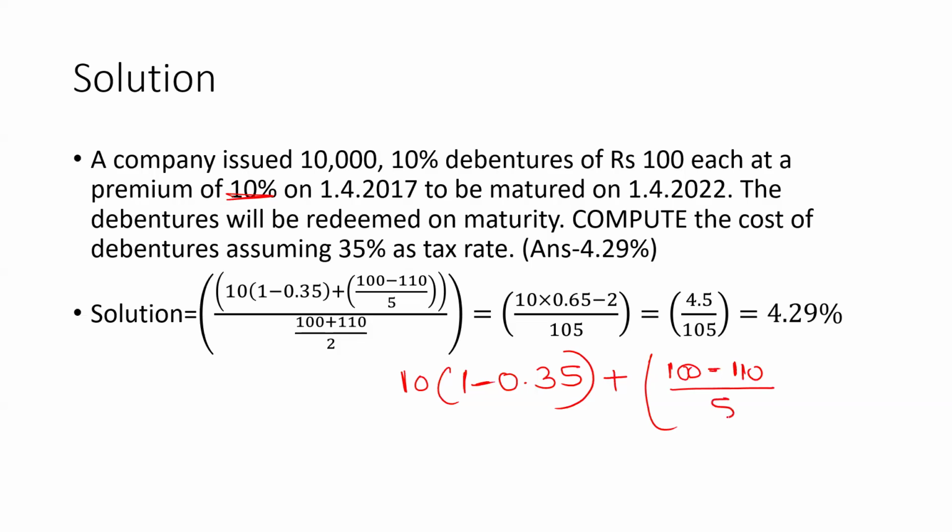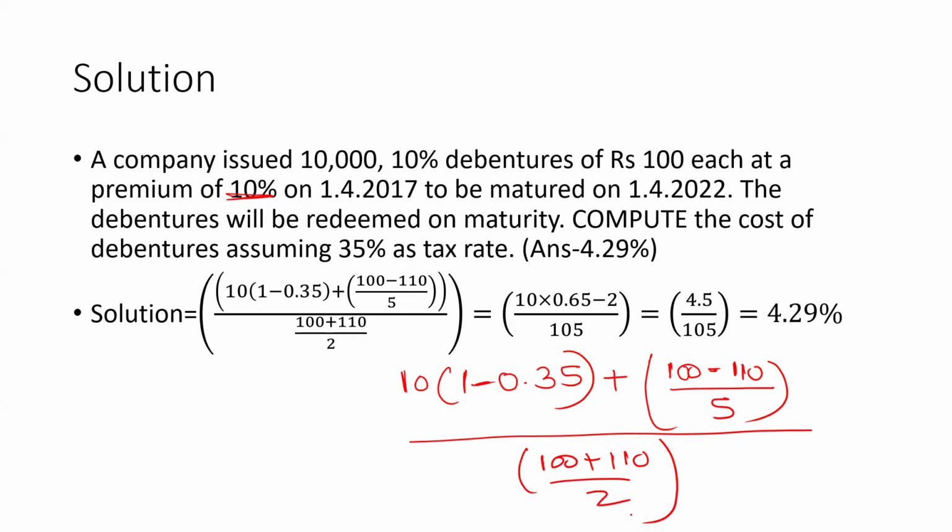The life is 5 years, whole divided by the face value 100. The price is 110, whole divided by 100 plus 110 by 2. If you calculate it, you will get the cost of debenture with 35% tax rate as 4.29%.